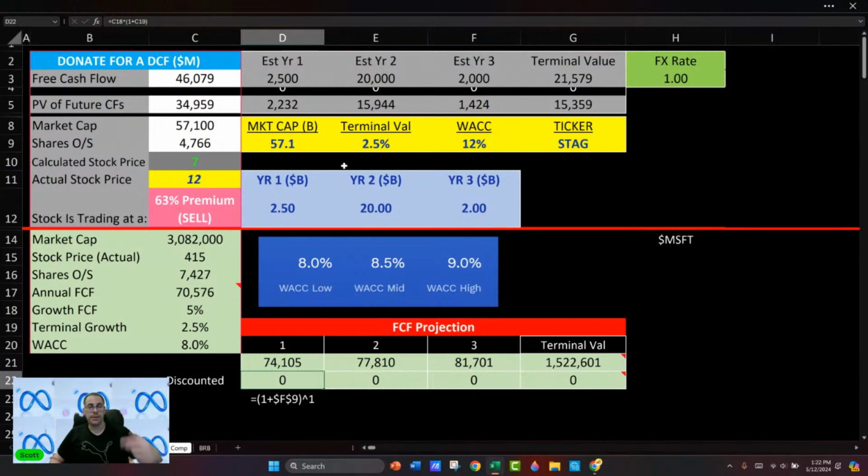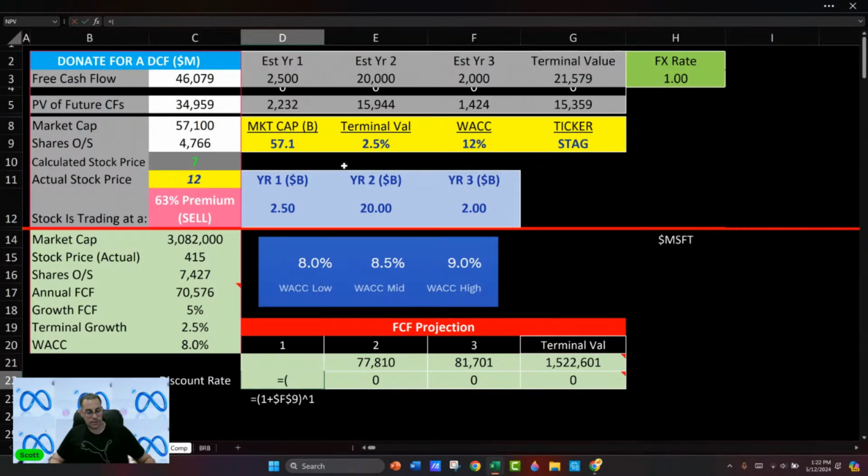So we have to discount just 1 year. This is just a discount rate, not how much 74 billion will be.